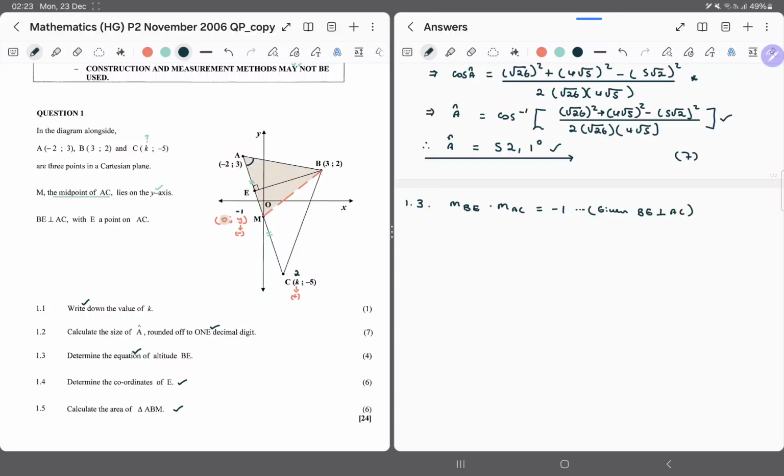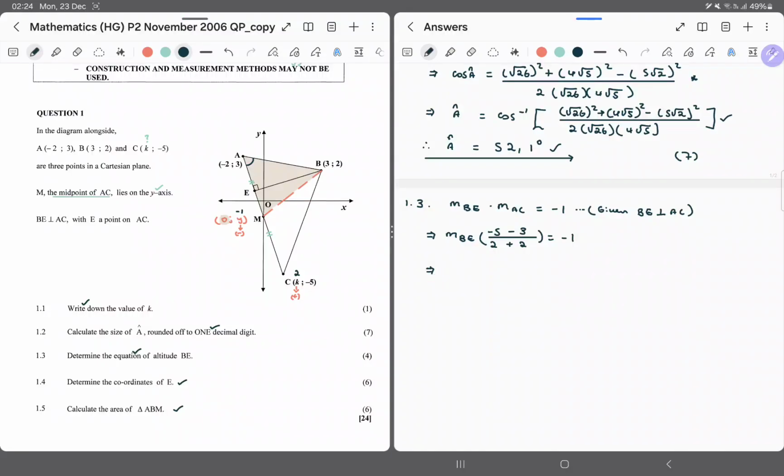So when that is the case, that is the property we can apply. This implies the gradient of BE into, sometimes it's easier to just substitute here now. So we can take y at C minus 5, we subtract y at A, then we take x at C, we subtract x at A. This is equal to -1.